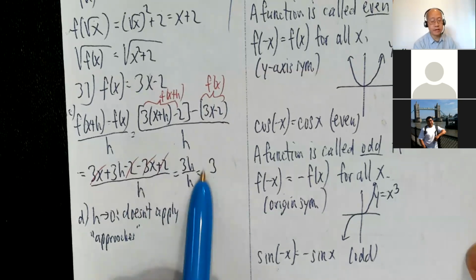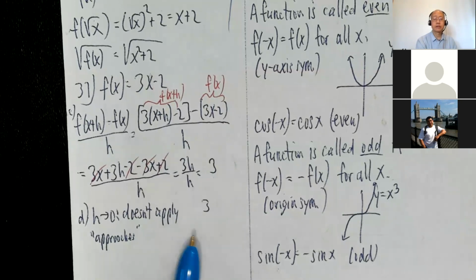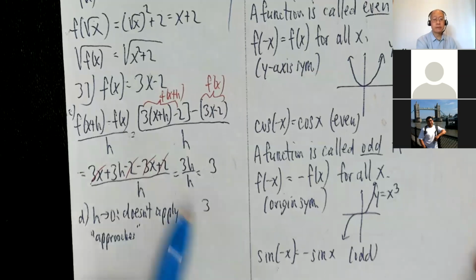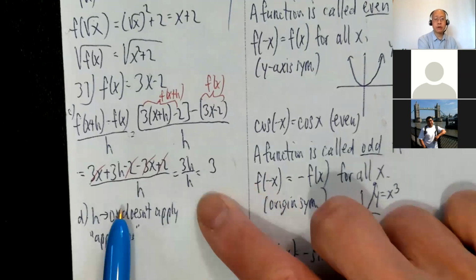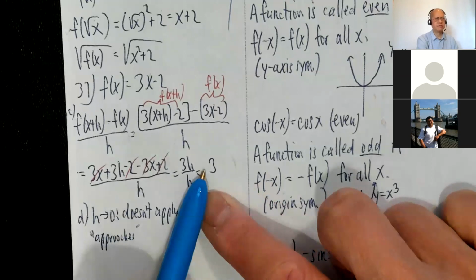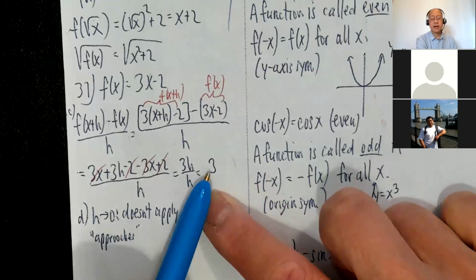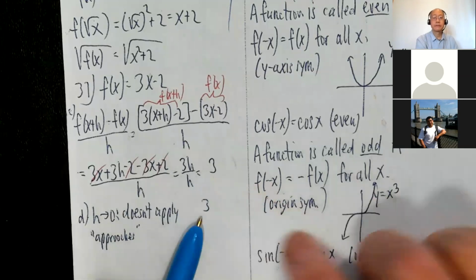But this expression has no h, so it's irrelevant. That is correct. So we just got 3. It stays 3. It's almost like saying, if h approaches 0, what happens to 3? You don't care. It's like saying, what happens to 3 if this is August? What happens to 3 if this is 2021? It doesn't matter. It's still 3.